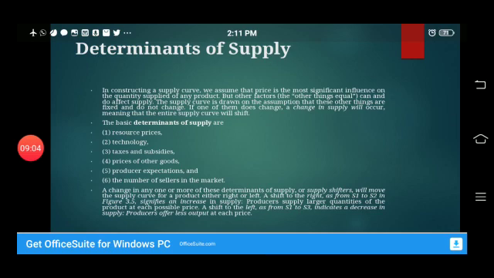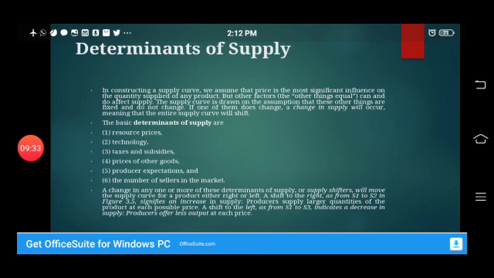Then a change in one or more of these determinants of supply, or supply shifters, will move the supply curve for the product either to the right or to the left. What will happen to the supply curve with a change in the determinants of supply? Always remember this: if there is a change in supply due to the price, there will be movement along the supply curve.